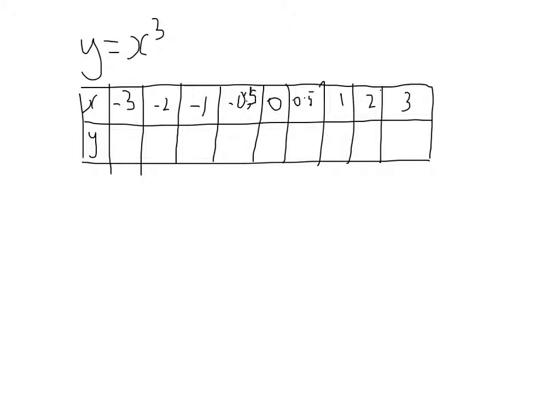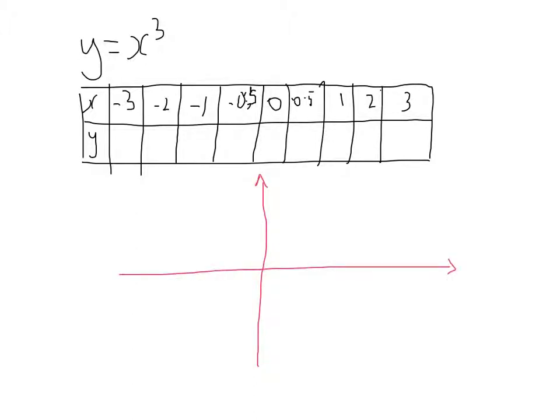I did say to pause it. And while you're completing that, I think I might just draw up a set of axes very quickly. I'd like you to do this on graph paper, which will give you a better idea of the shape of the graph.